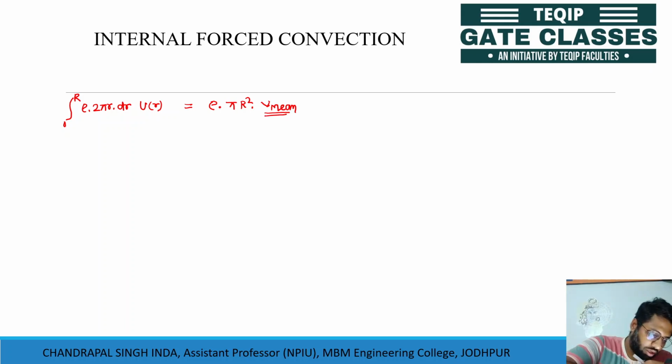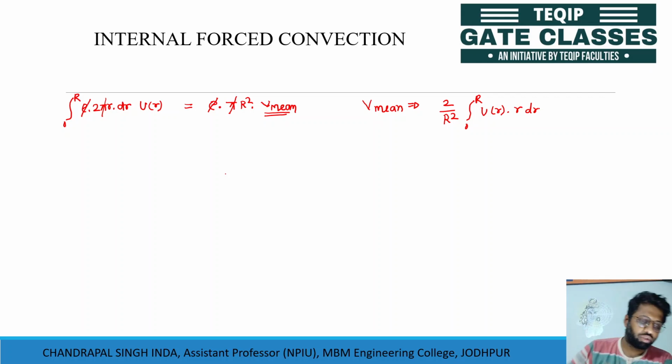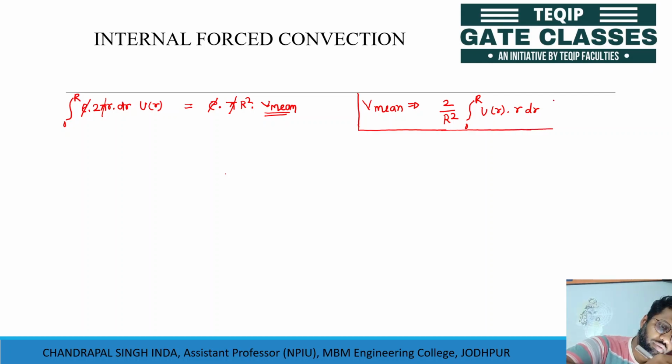Now rho to rho is going to cancel out, pi to pi is again going to be cancelled out, then we have v mean is equal to 2 by r square, integral from 0 to r of u r dr. So this is how we can find the mean value of the velocity at a particular cross section.